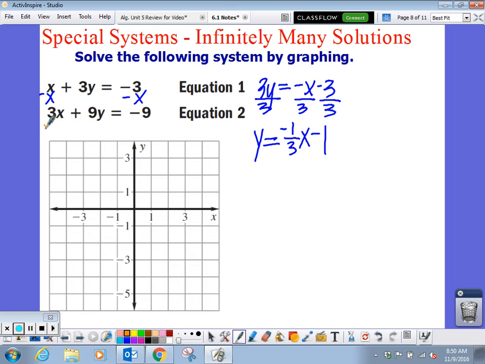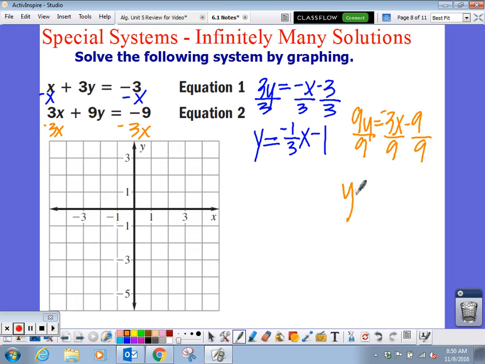The second equation, I'm going to subtract 3x. So I have 9y equals negative 3x minus 9. Divide everything by 9.